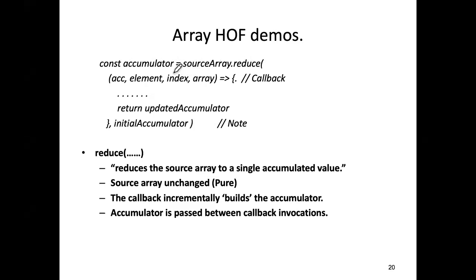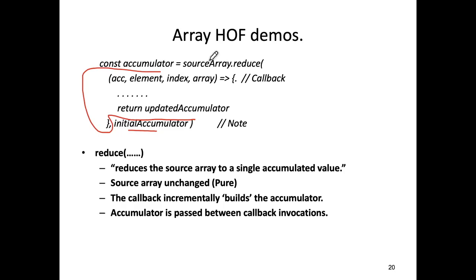The first argument is a callback, so that's all of this stuff here. And the second argument, which is this one here, is what's called the initial value of the accumulator. So what reduce does is it processes your array and it computes an accumulator for that array.